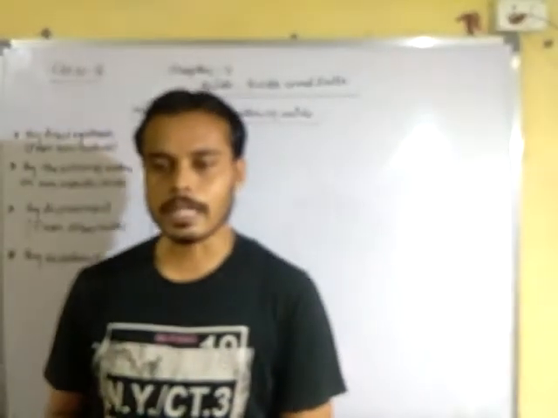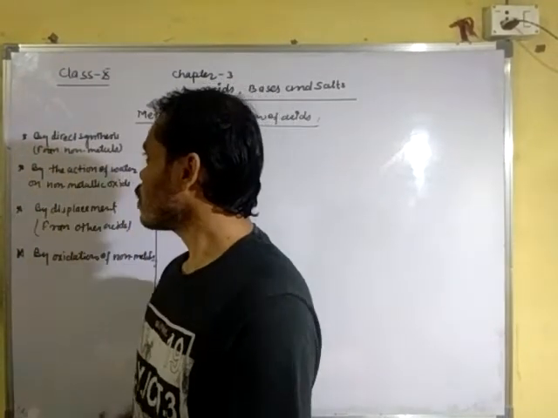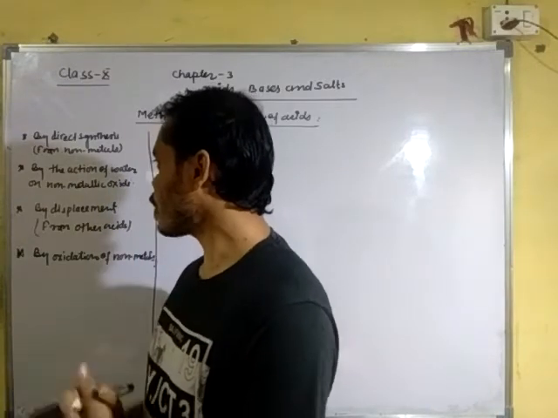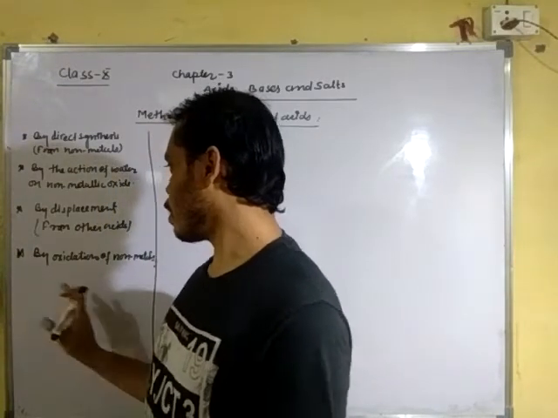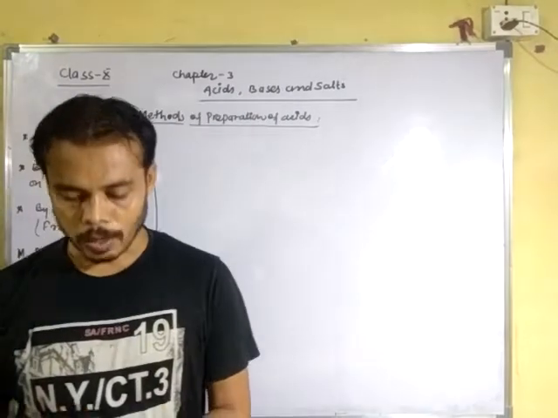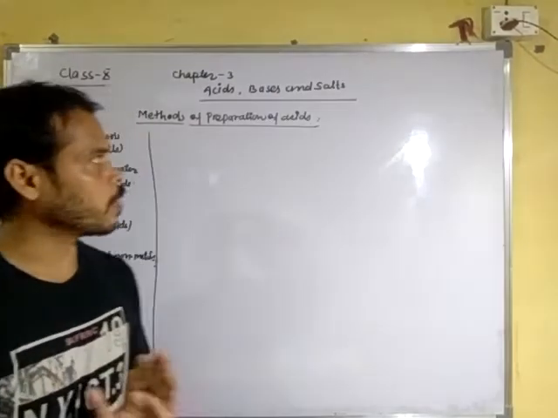We will discuss only four methods: by direct synthesis, by the action of water on non-metallic oxide, by displacement, and by the oxidation of metals. We will discuss them one by one.